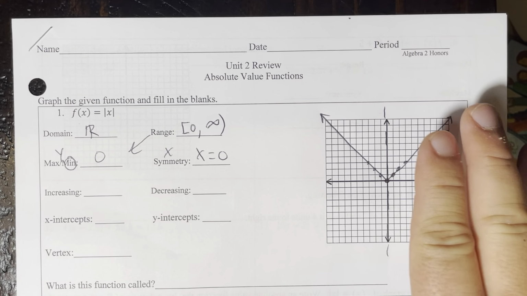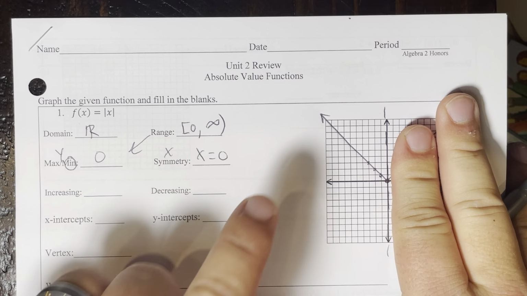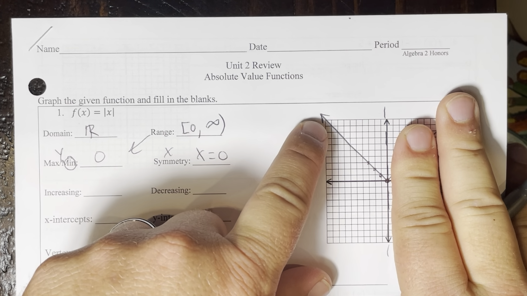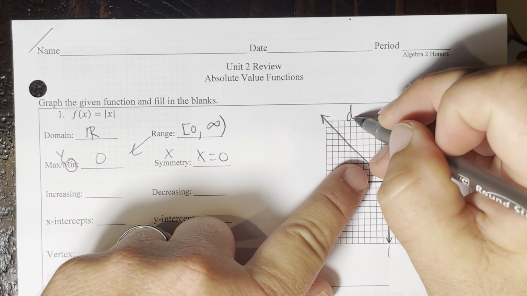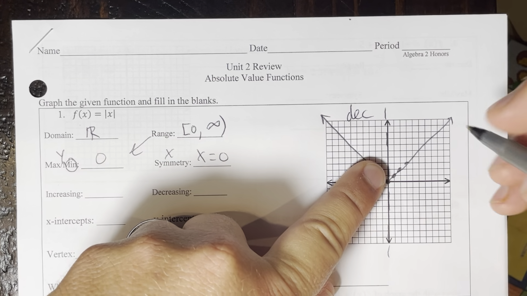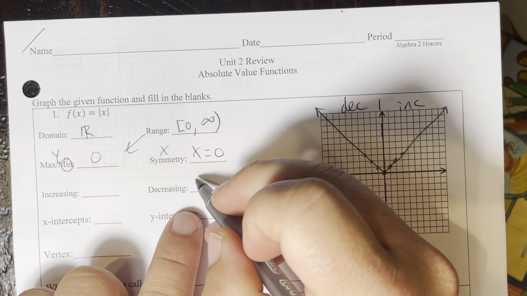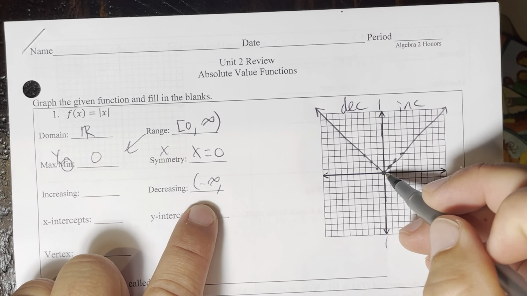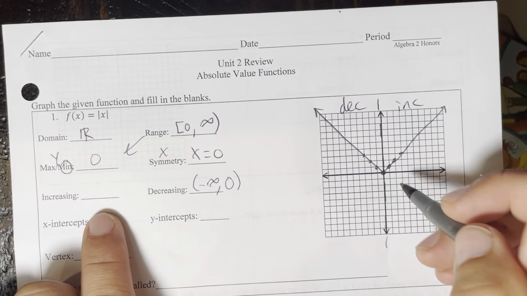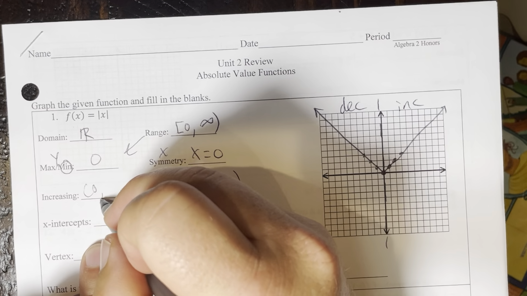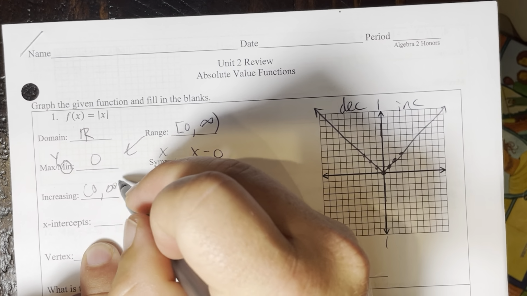And then if I were to cover up this right side of the graph and read it left to right, it's falling on this side, so it's decreasing on this side, and then increasing on this side. And so it's going to be decreasing from negative infinity to that turning point of 0, and it's going to pick back up from 0 and increase all the way to infinity.